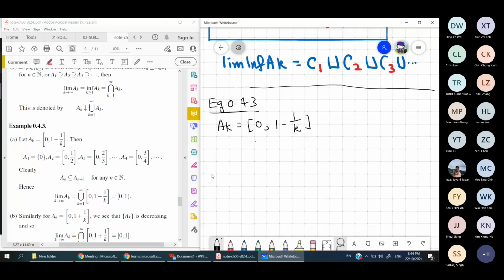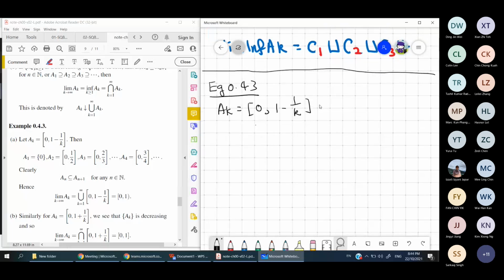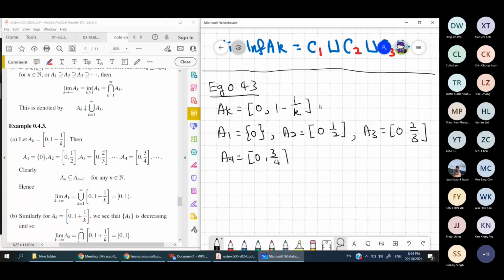So A1 is only 0, A2 is 0 to 1/2, A3 is 0 to 2/3, and A4 is 0 to 3/4, and so on.